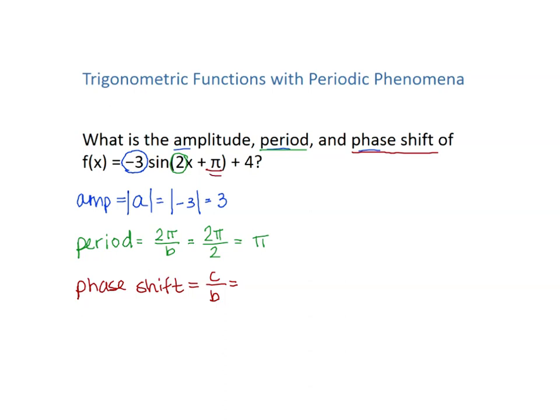So that means we have to do this over this. So it's pi over 2. Now, to know whether I'm shifting to the left or shifting to the right, I just look at whether I'm adding or subtracting. Since I'm adding in the parentheses, that means I'm going pi over 2 to the left. And that's it, amplitude, period, and phase shift.